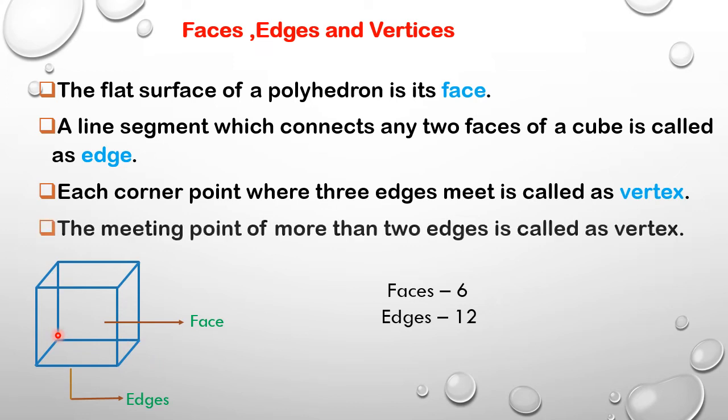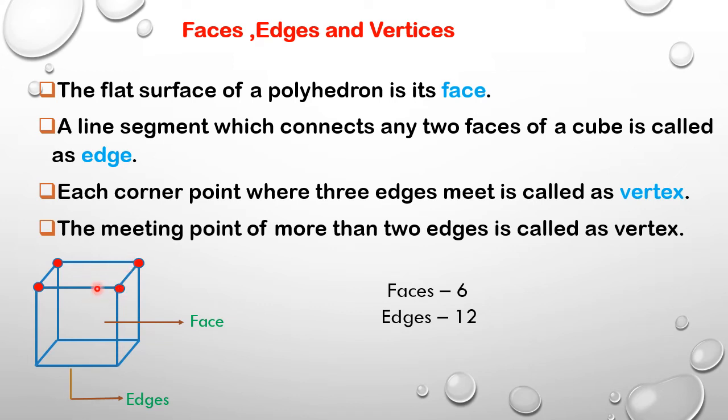The meeting point of more than 2 edges is called a vertex.